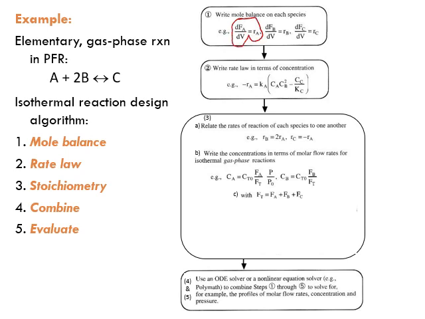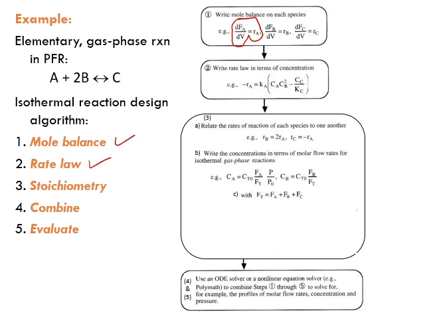Okay, this is the design equation: dFA over dV equals rA. So I wrote the mole balance. Now rA is a variable, so we need to provide an equation for it, which is known as the rate law. So we're done with step number 1.